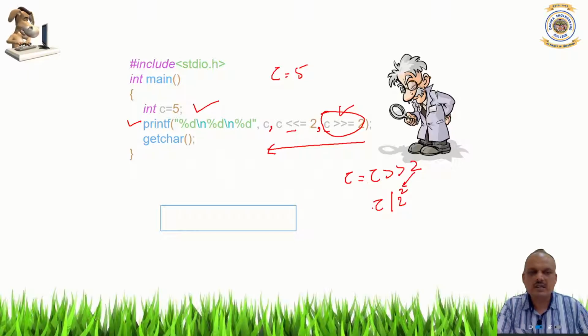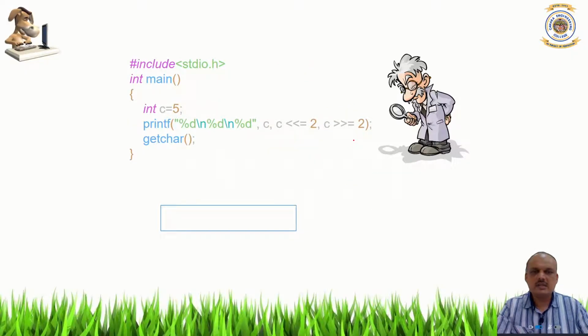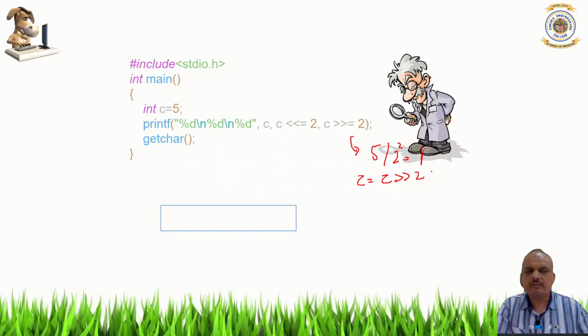The value of c is 5, so 5 divided by 2 raised to 2 is nothing but 1, because c is an integer. So c is equal to c right shift by 2, and c becomes 1.